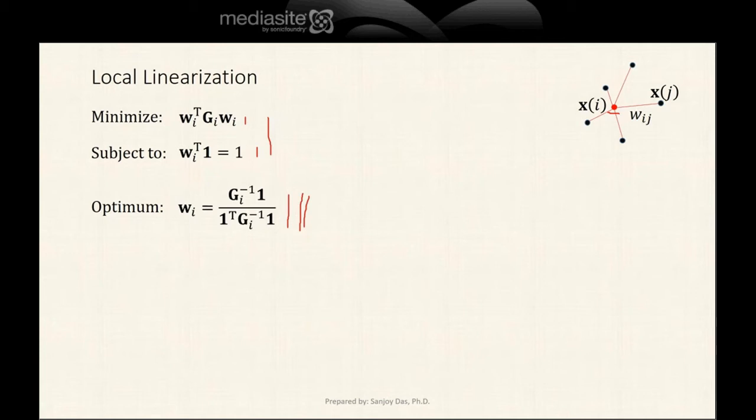What are the wi's? The wi's are weights such that summation wij xj is approximately equal to xi. So I am expressing each xi as a weighted combination of its k nearest neighbors. That ends the local linearization step.